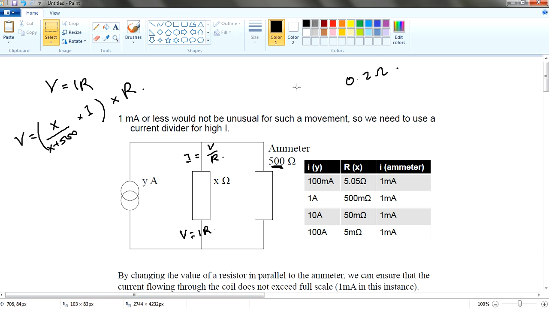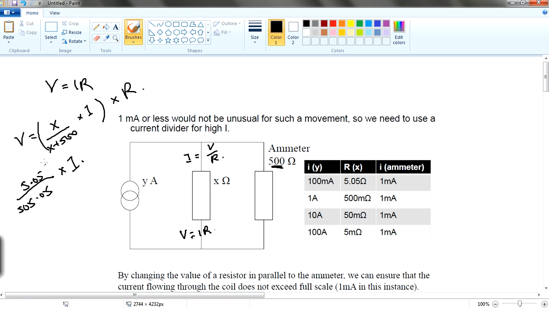Anyway, if your Rx in this case is 5.05, let's substitute over here. So 5.05 divided by 5.05 plus 500 is actually 5.05 over 505.05 times your current.